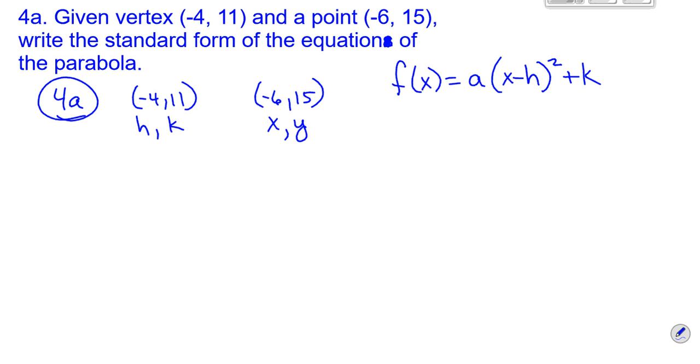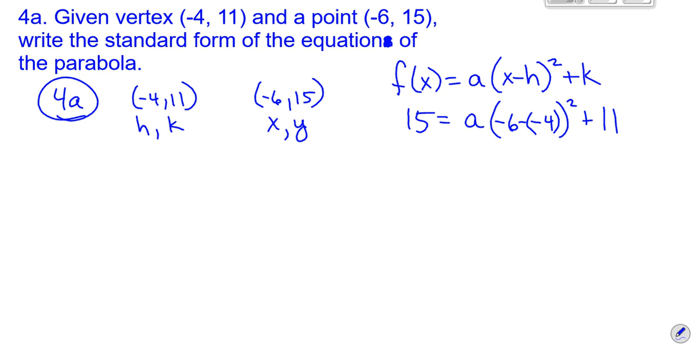So let's just put things in and see what happens. This is going to be y, f(x). So 15 equals a, the only variable we don't know, times (x, which is -6, minus h, which is -4) squared, and then plus k, which is 11.